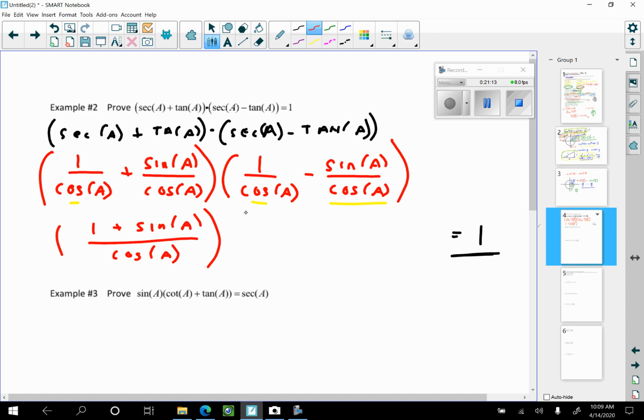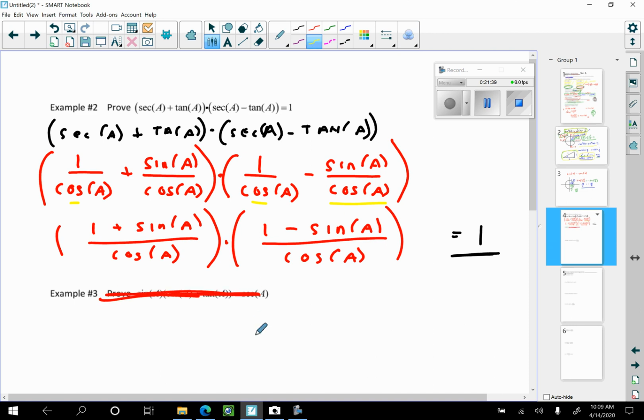So I'm going to add those fractions. Keep in mind, I'm going to end up multiplying these things together. If I add these two fractions, I add the numerators and leave the denominator go. Okay? Now I'm ready to do some multiplication. And just for a brief moment, I'm going to cross that off because I'm going to continue down here with my identity proof.